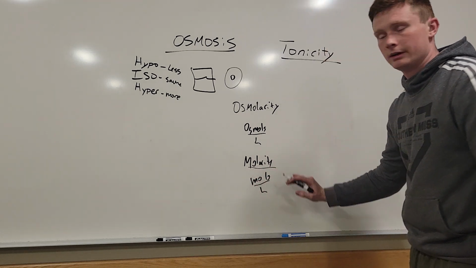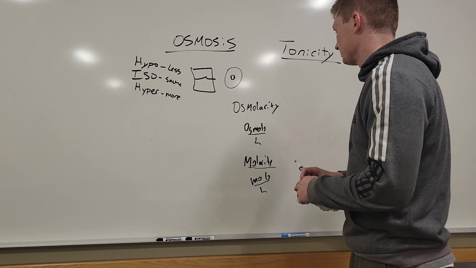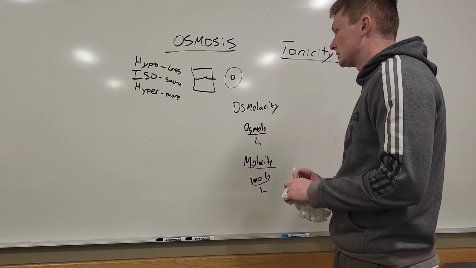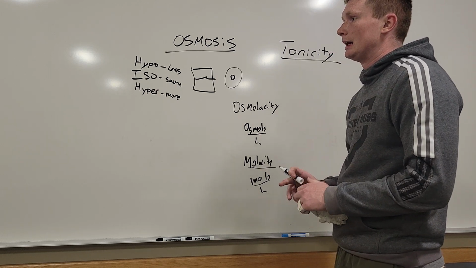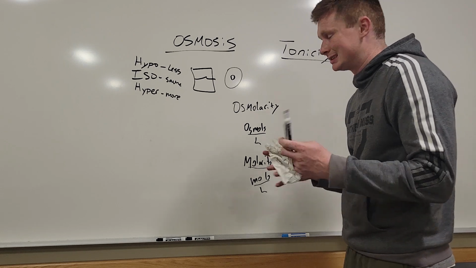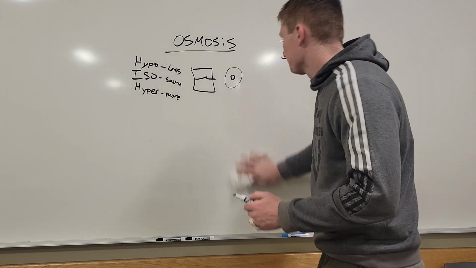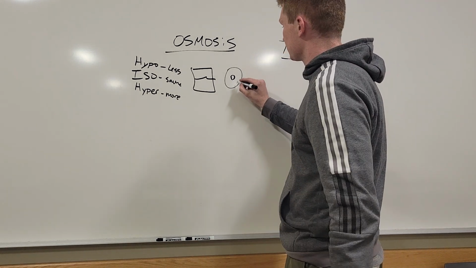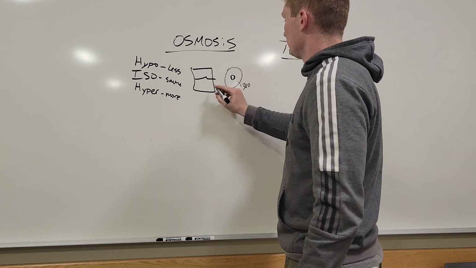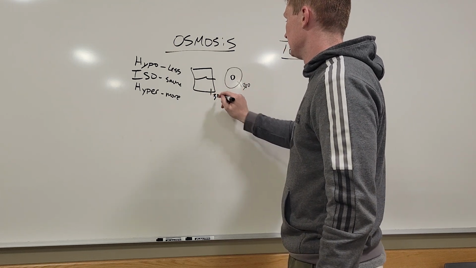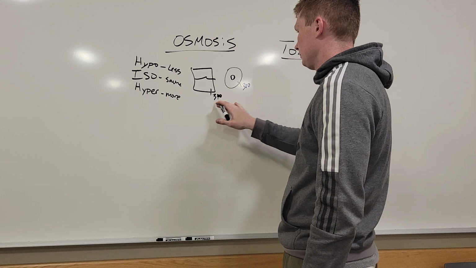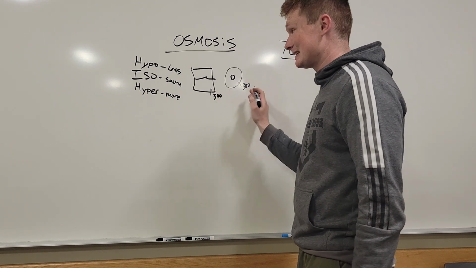Okay, those are different. Don't mix them up. Osmoles is basically just talking about concentrations. Okay, so usually a cell has 300. We're going to say this is 300, right? This is isoosmotic. It's the same.